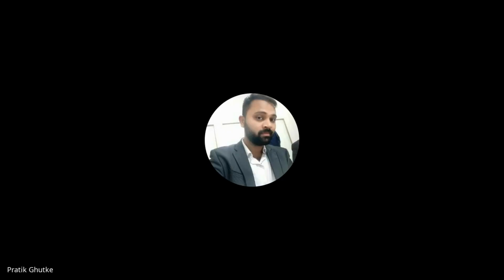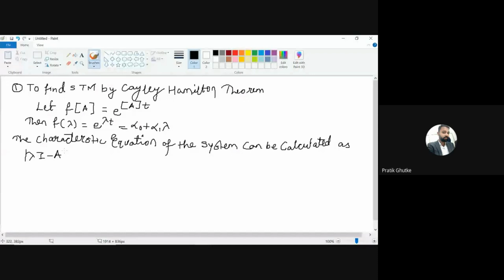Like this, we will be calculating the characteristic equation. Lambda into I matrix: I means identity matrix, lambda 0, 0, and then lambda. This is lambda I minus A.